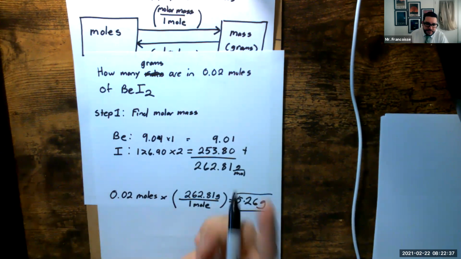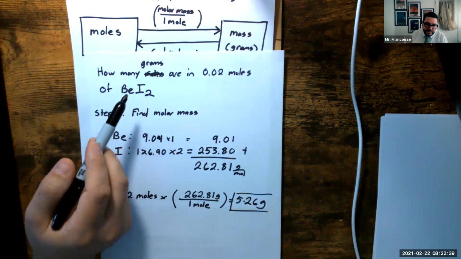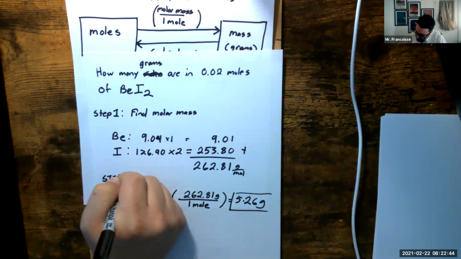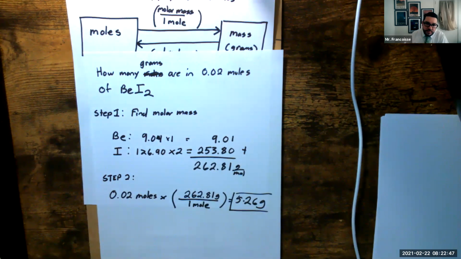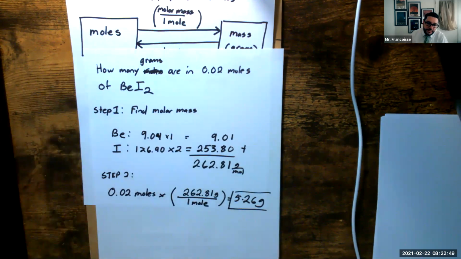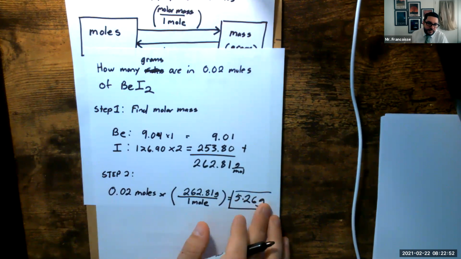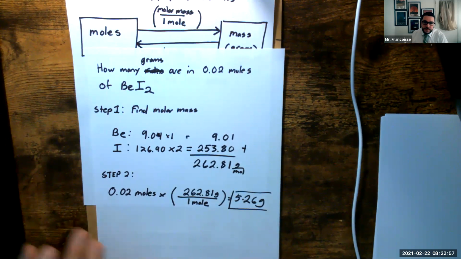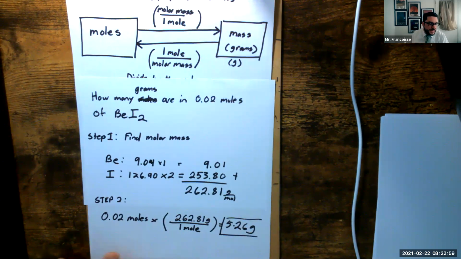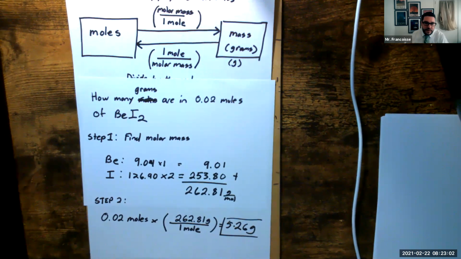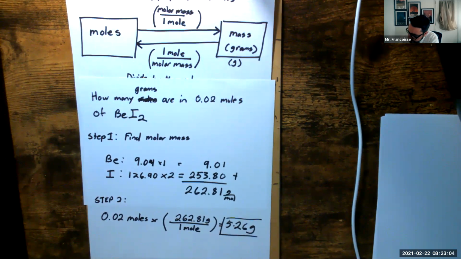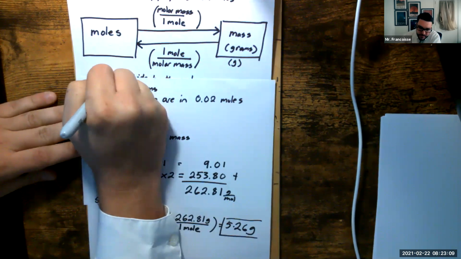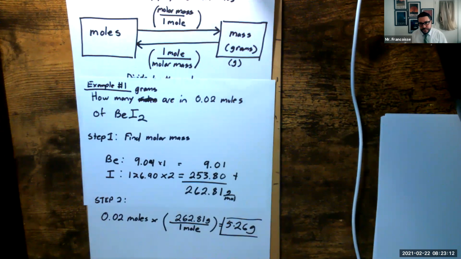For these ones, it's not too bad. We did the molar mass before. This is our step 2. We're just going to go from what we start with to what we're looking for. So this would be an example of how to go about this example 1.